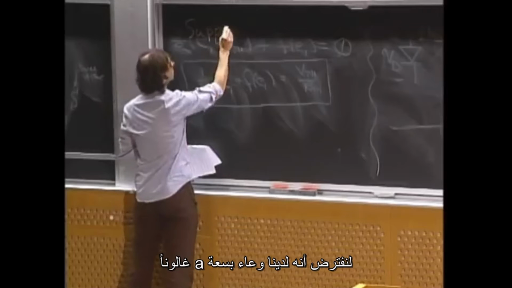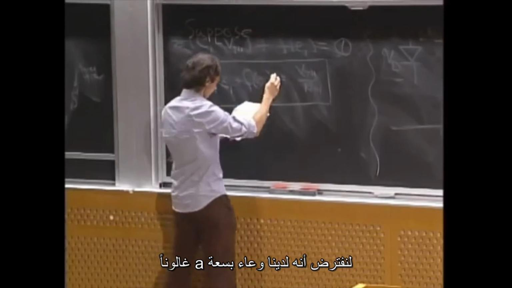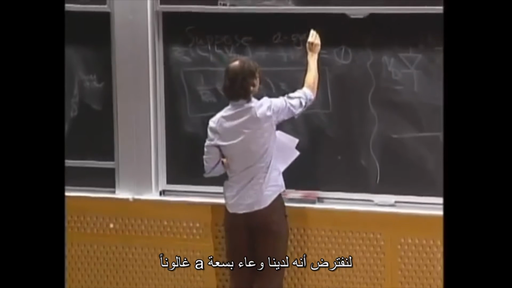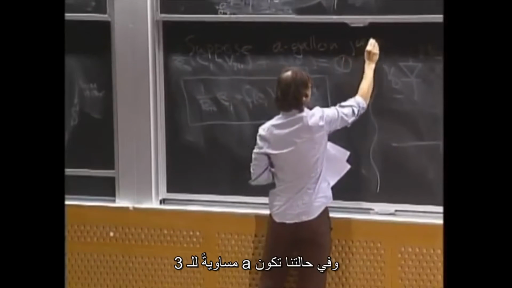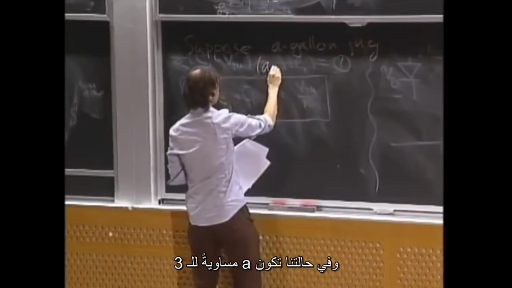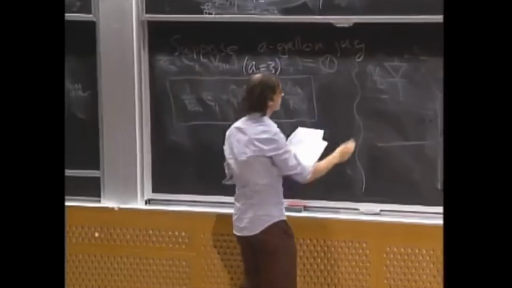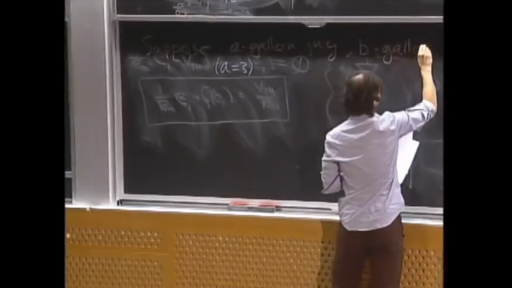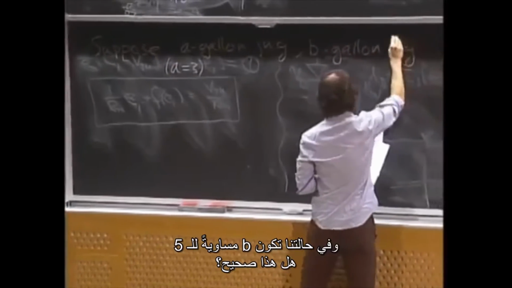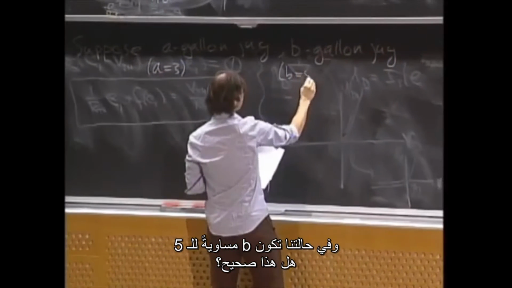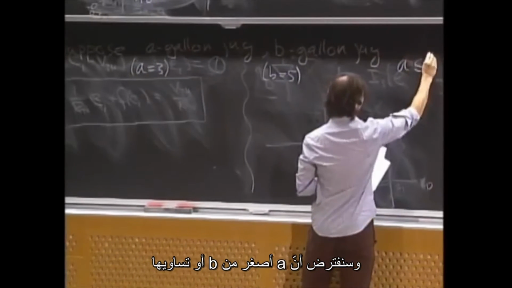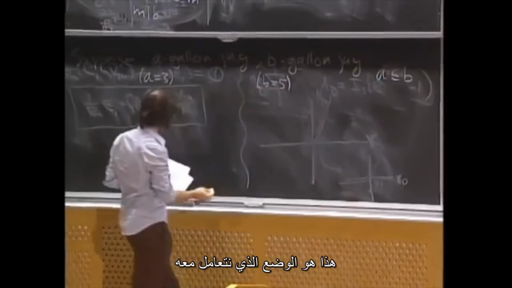So suppose we have an A gallon jug. So in our case, A equals 3. And we have also a B gallon jug. And in our case, B equals 5, right? And we assume that A is at most B. That is the situation that we are working with.